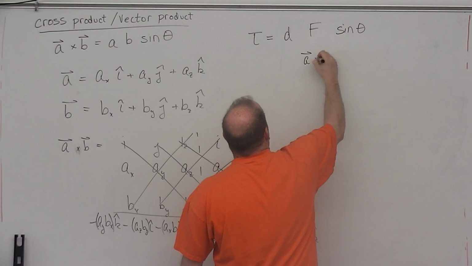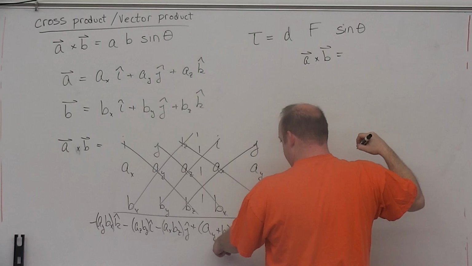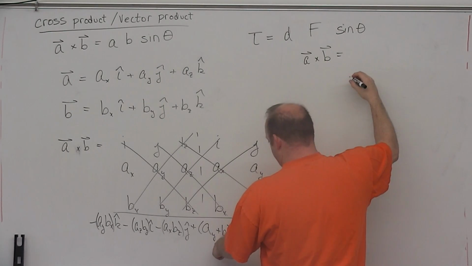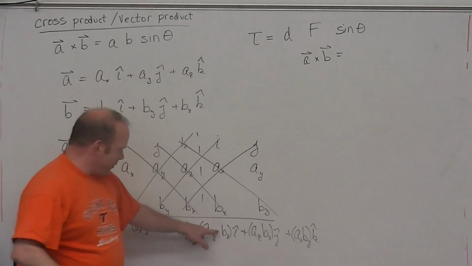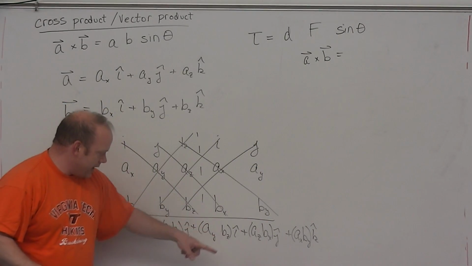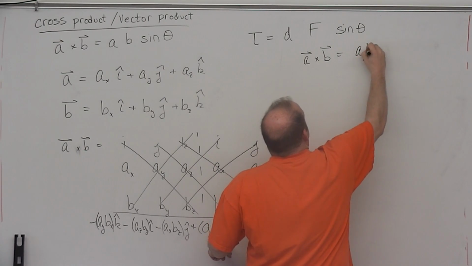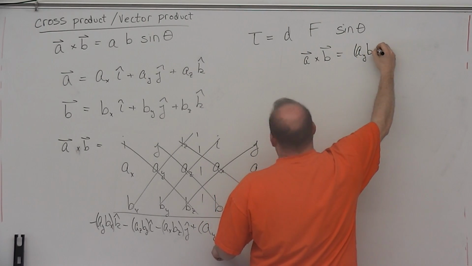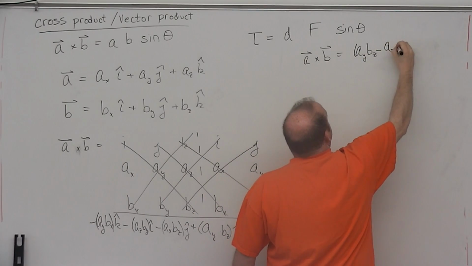A cross B is equal to I hat AY times BZ minus AZ BY. Right here I put a plus sign, it shouldn't be a plus sign, it's just times.